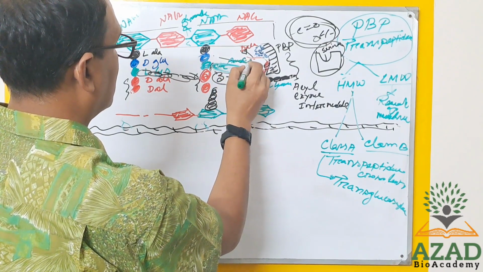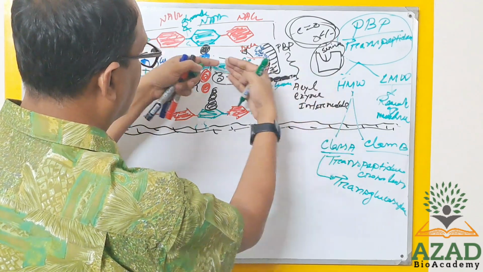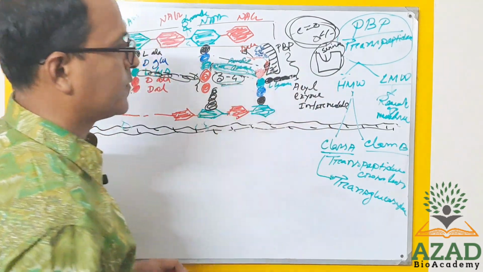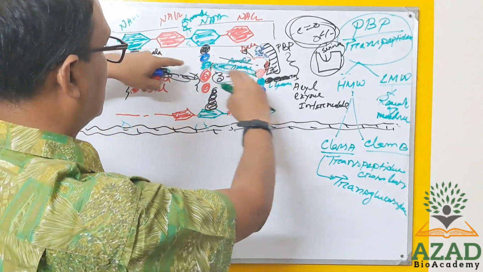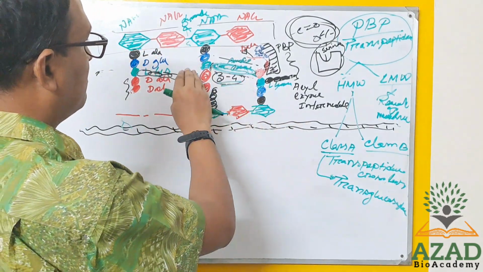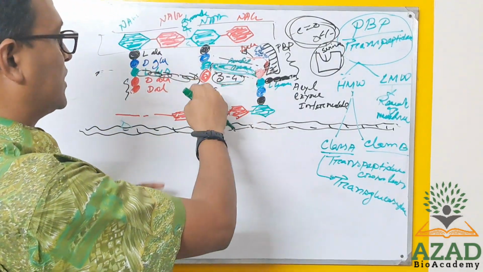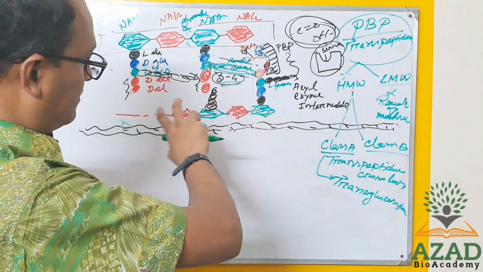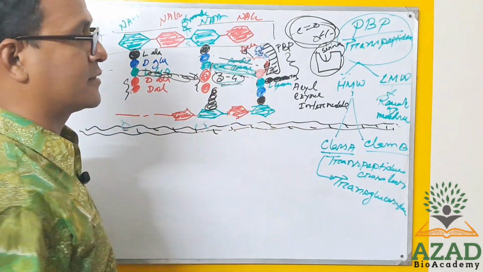Amide covalent bond will form, and it will attach directly by 3-4 linkages. In most bacteria, the bond is available between 3 to 4. Some bacteria 4 to 3, some bacteria 2 to 4 may be possible, but in most cases 3 to 4 linkages.